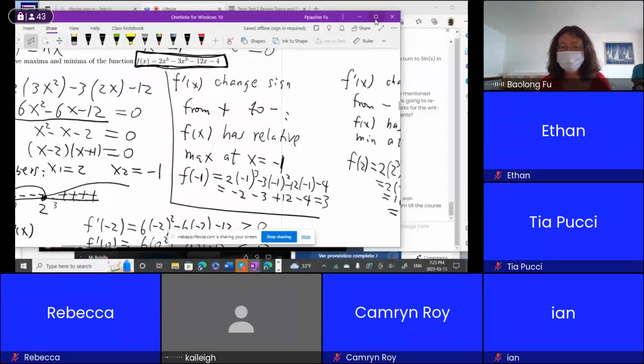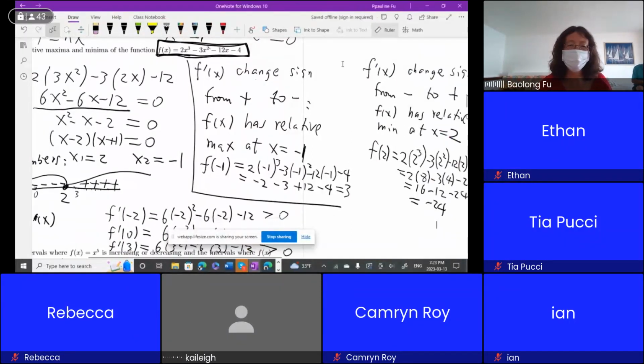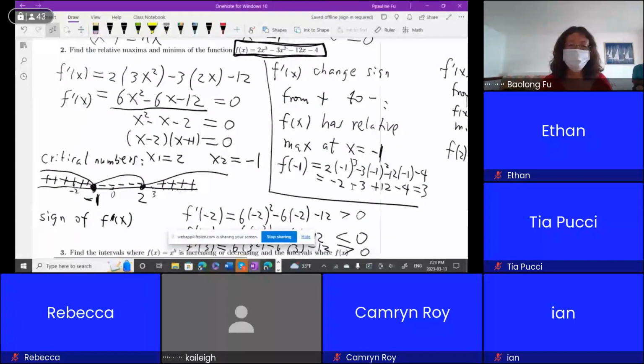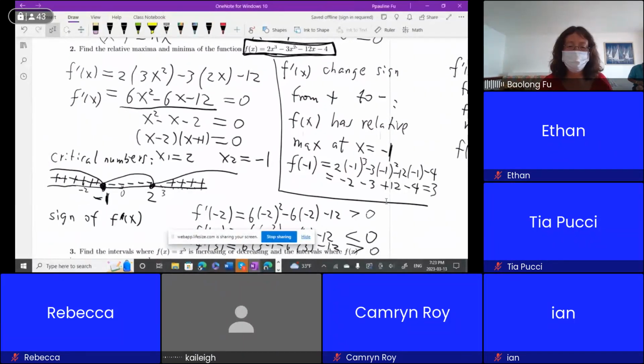I pause for a moment to see if you have any questions, because this procedure is important. How do you find the relative maximum and minimum? Step 1, find the critical values. How do you find critical values? Let the derivative equal 0. Those x are critical values.